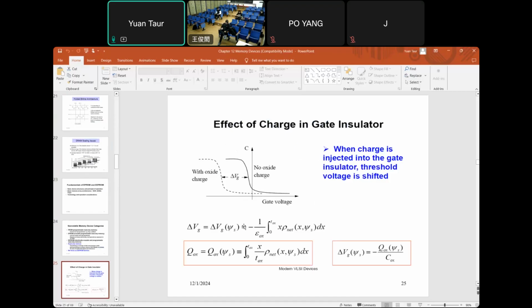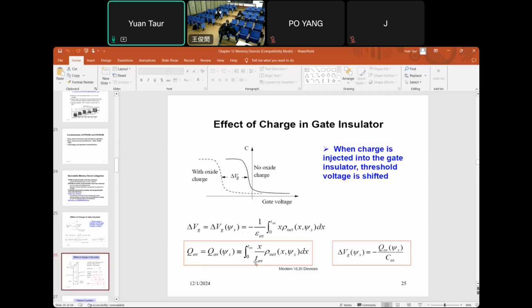And the shift depends on where the charge is. It's an integration of the charge density over the oxide thickness, but multiplied by x. So we can explain that in the next chart.